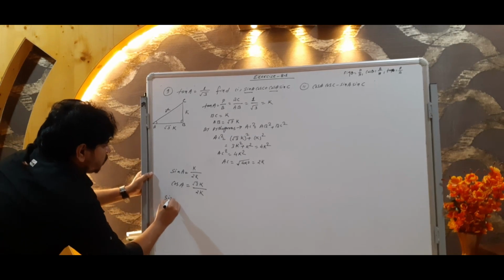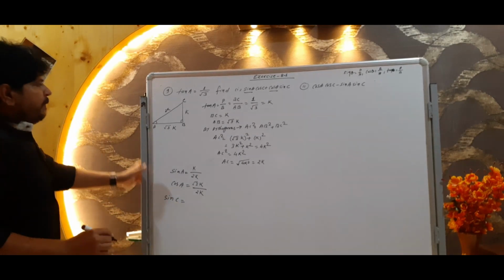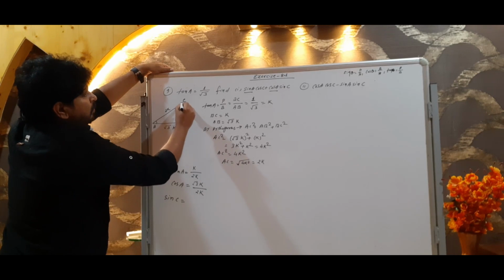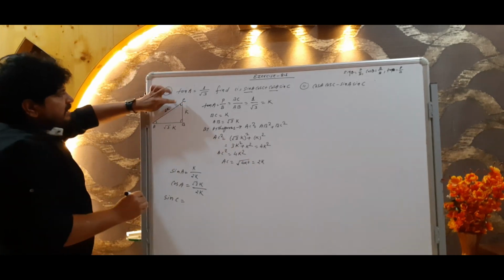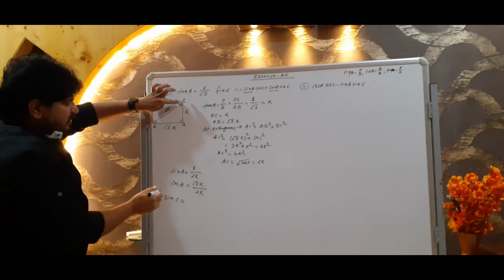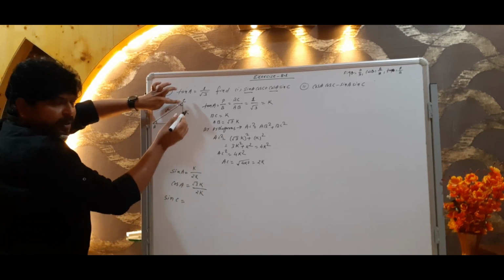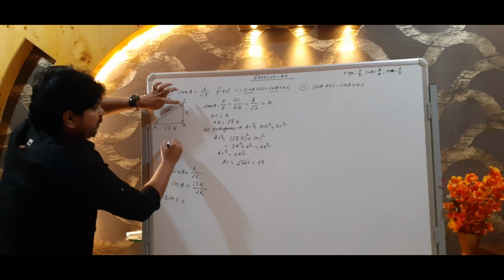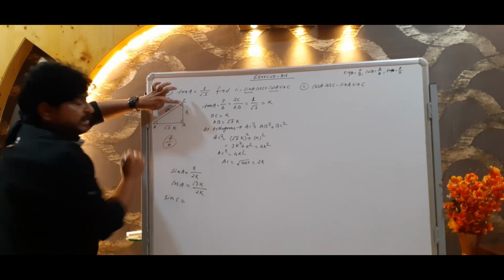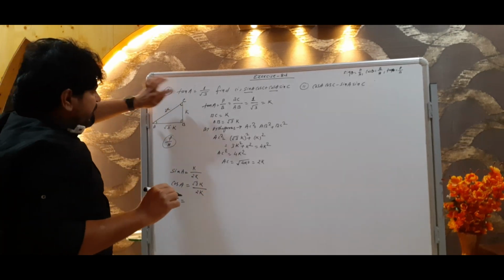Now we will find out sin C and cos C. Now sin C is equal to. Then what is our reference angle? Reference angle is C here. Sin, I told you already, is perpendicular upon hypotenuse.